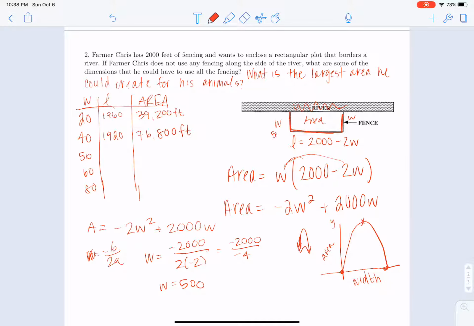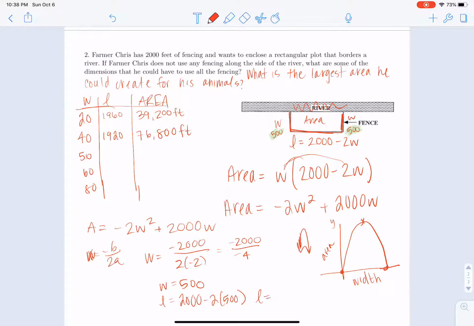So here I have a width of 500 up here. And I also have a width of 500, right? Because W on one side is the same as W on the other side. So if that is my width, then I know that my length is 2,000 minus 2 times 500.